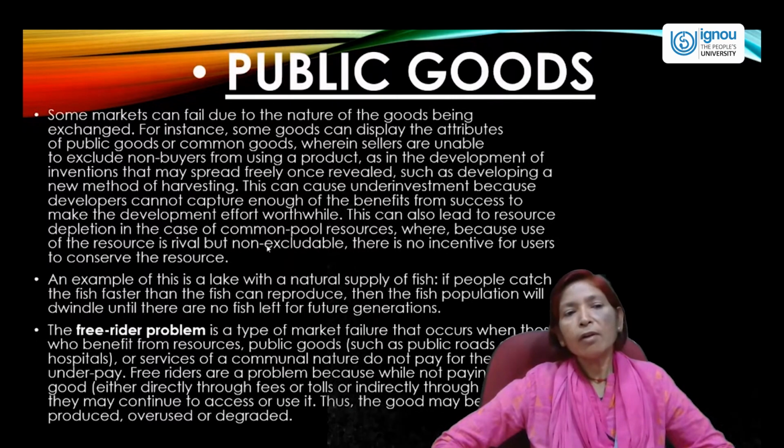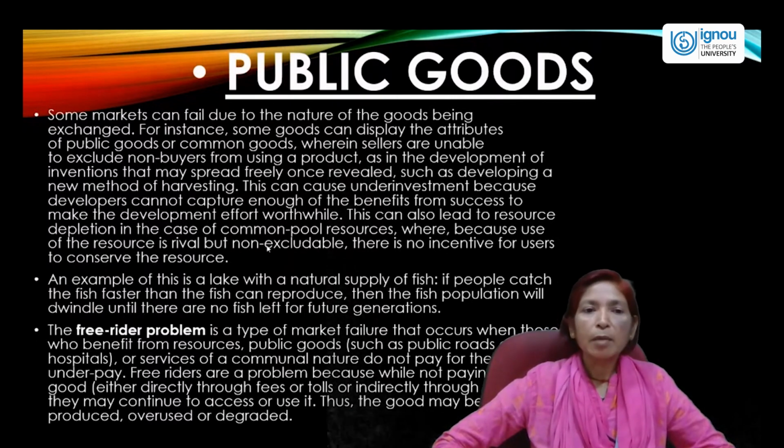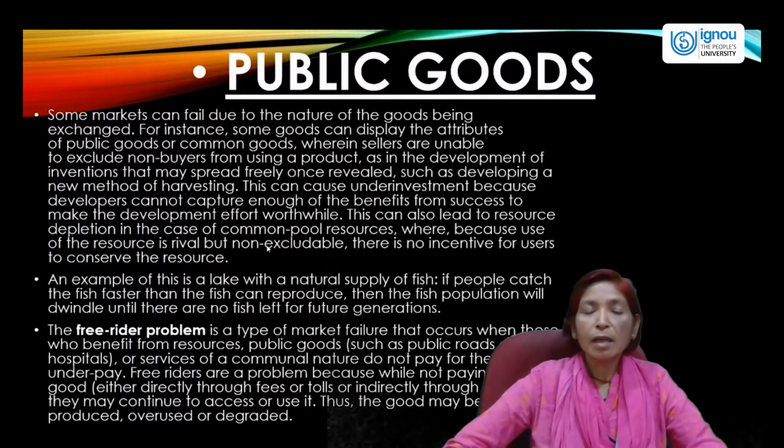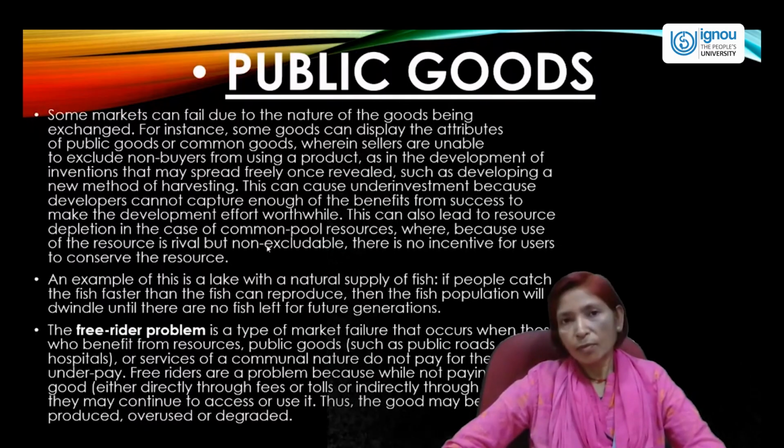As in the development of inventions that may spread freely, such as developing new methods of harvesting, this can cause underinvestment because developers can't capture enough of the benefit from the success to make the development efforts worthwhile.